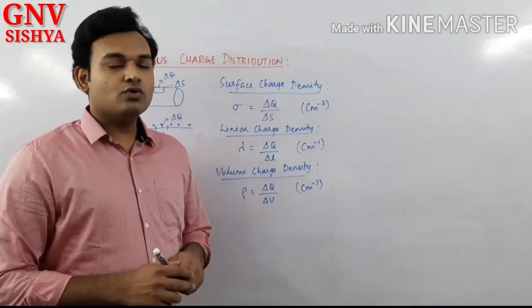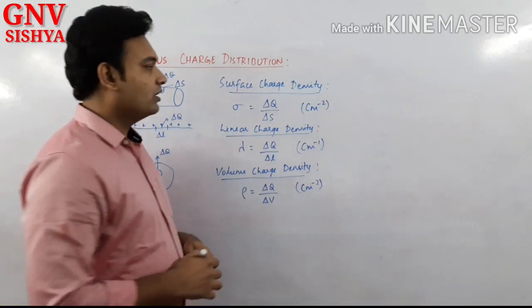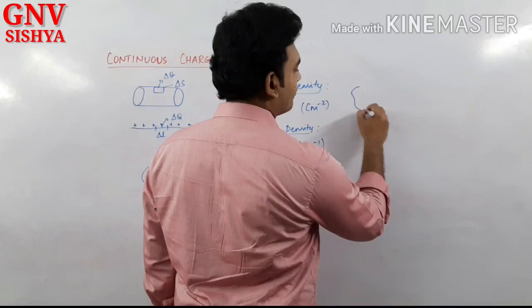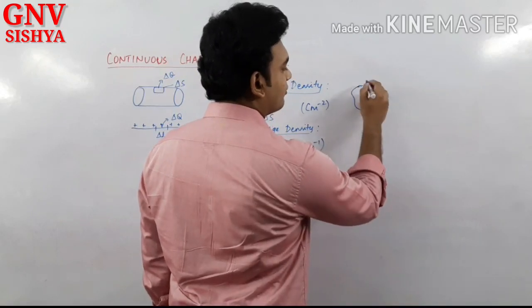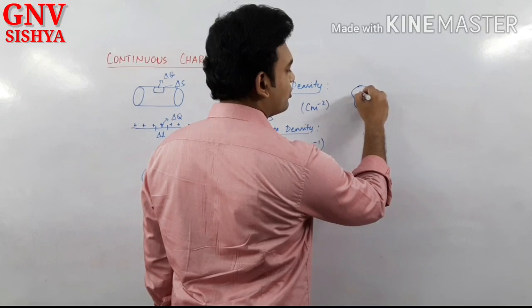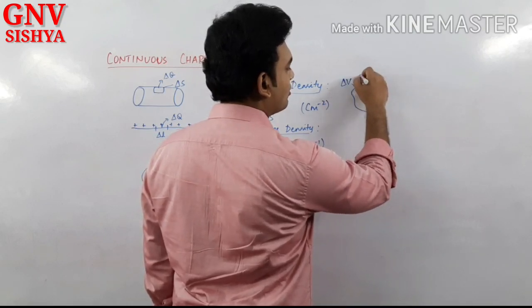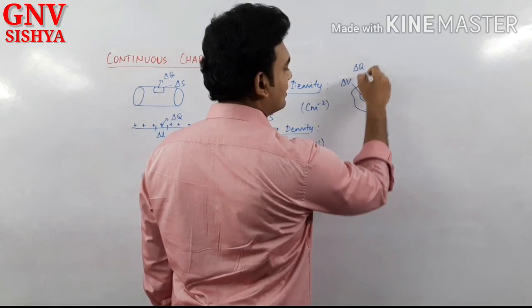Now let us see how to calculate the electric field due to such continuous charge distribution. Let us take an object which has a particular volume. We take a small volume in that called del V, and let us say del Q amount of charge is present in this region.